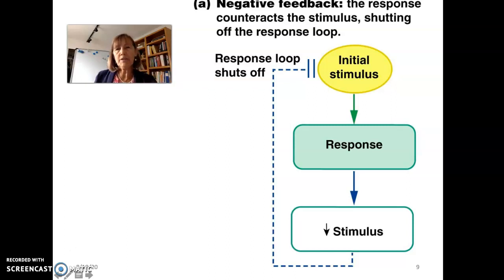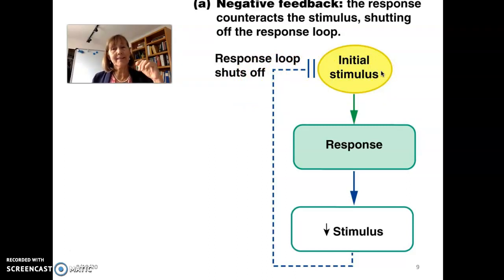So if your initial stimulus, in yellow, was temperature too low, then all those steps are going to happen, and the outcome is that we're going to remove that stimulus. That temperature is no longer too low, and there's going to be this feedback that goes back and will shut off the stimulus.